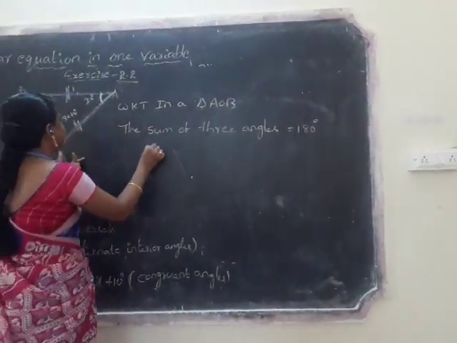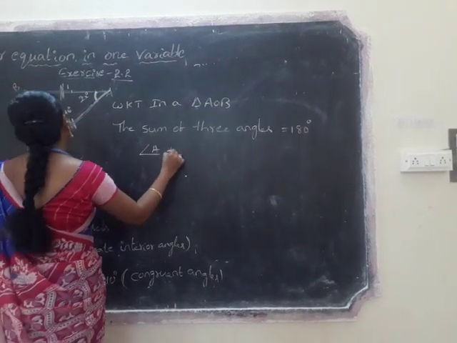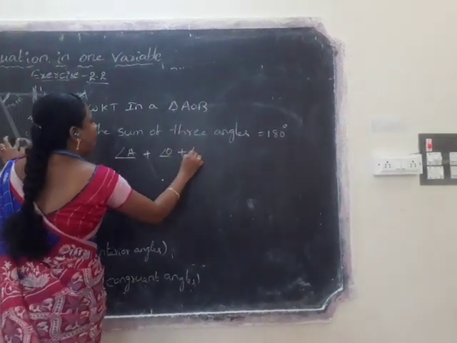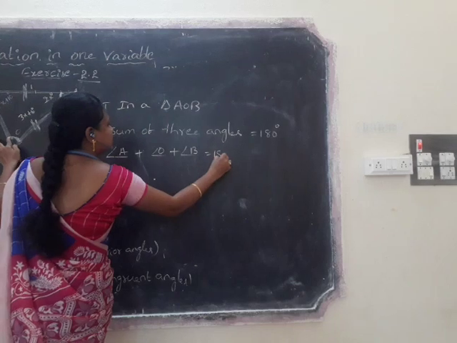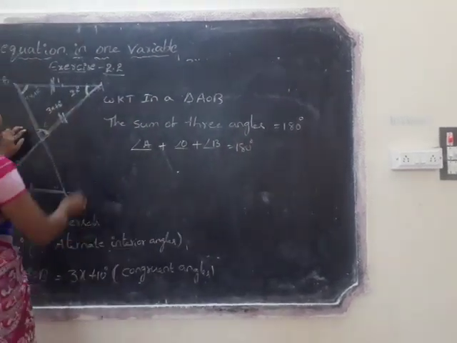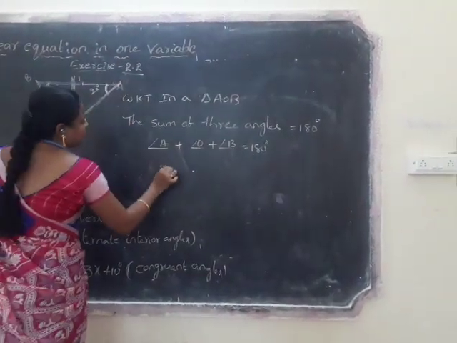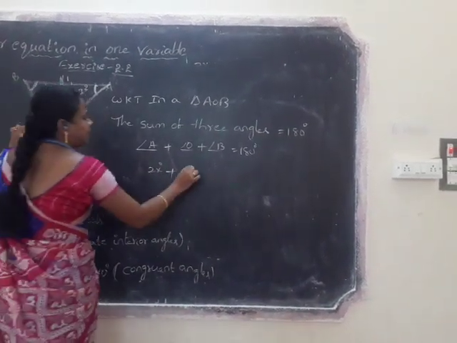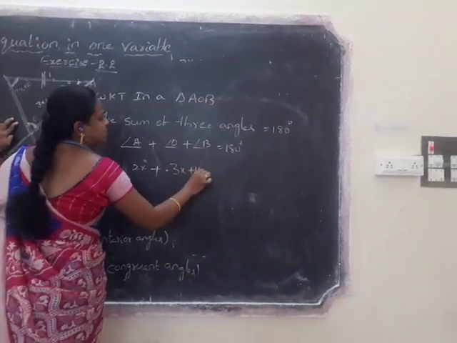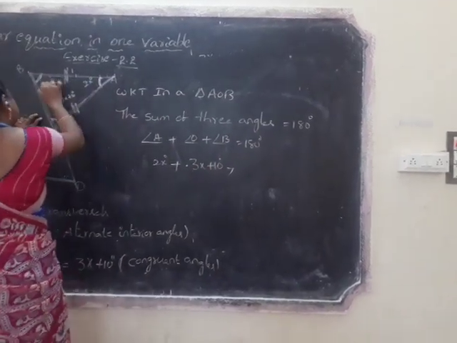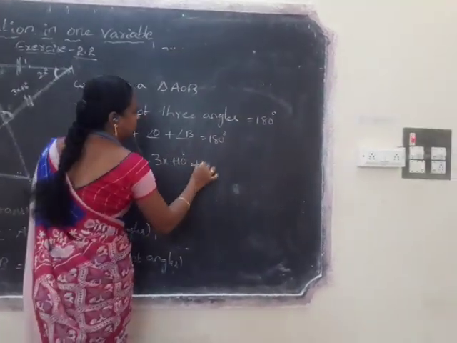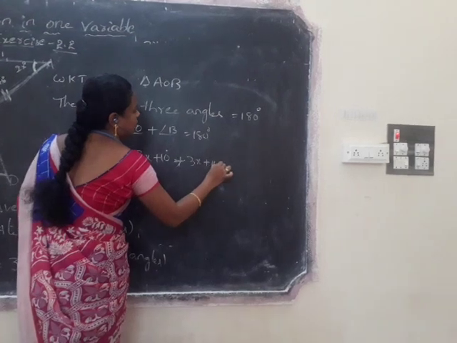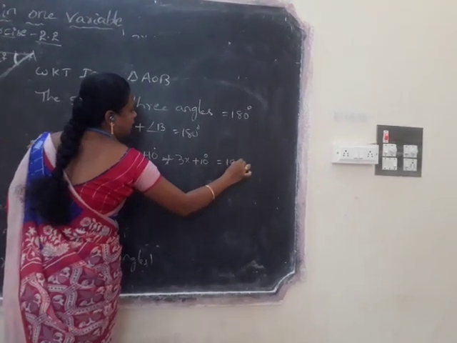Angle A plus angle O plus angle B is equal to 180 degrees. Angle A is 2x degrees plus angle O is 3x plus 10, next angle B is 3x plus 10, equal to 180 degrees.